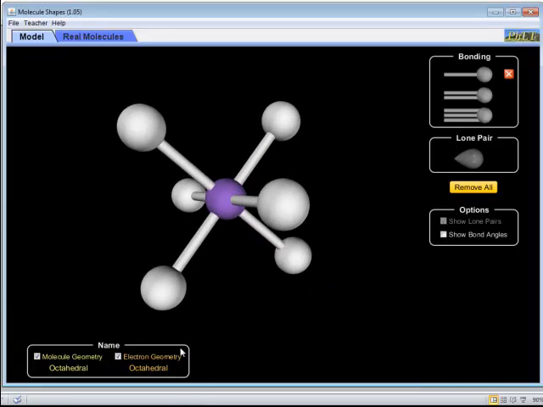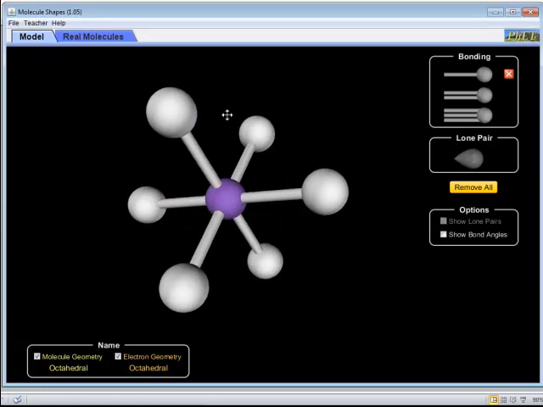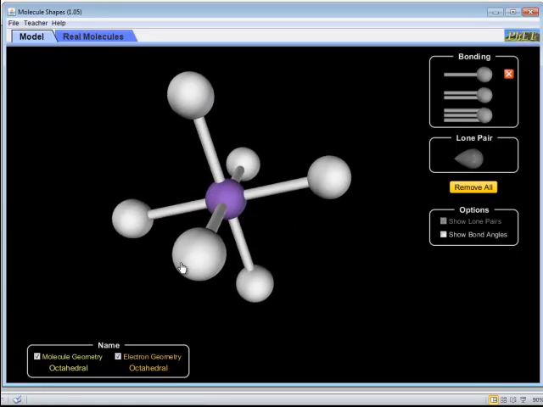Both the molecular geometry and the electron geometry are the same. The reason it is called octahedral is because you have 4 sides on the top and 4 sides on the bottom. As it's totally closed, it forms an octahedron.